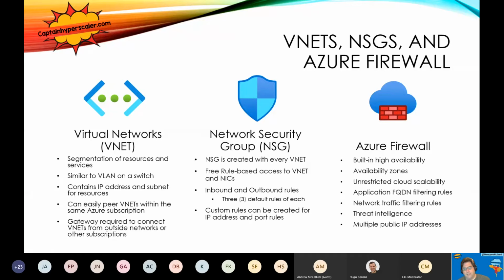A VNet can be utilized very similarly, where you can create and segment application resources based on a VNet. And if those applications need to connect through to other sources in other VNets, you can very easily peer those within the Azure subscription.